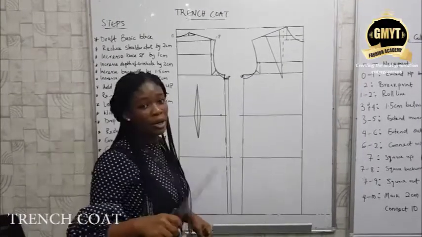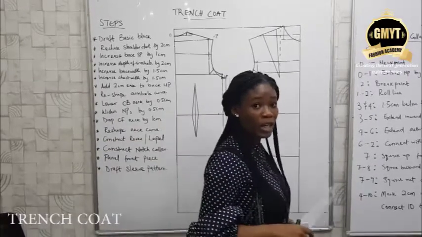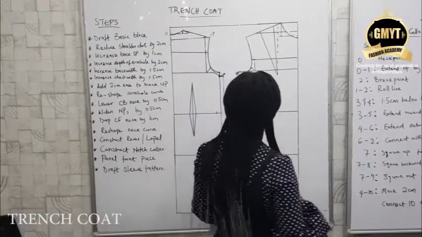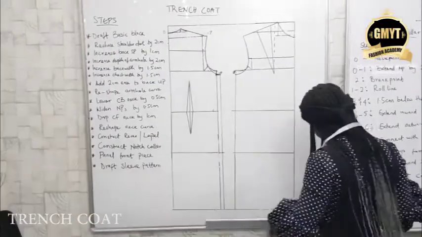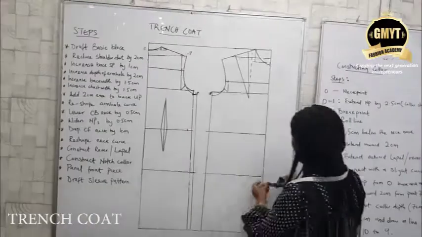So constructing my lapel, I'm going to add my overlap or button stand to my center front. So I'm adding 4 cm to my CF.